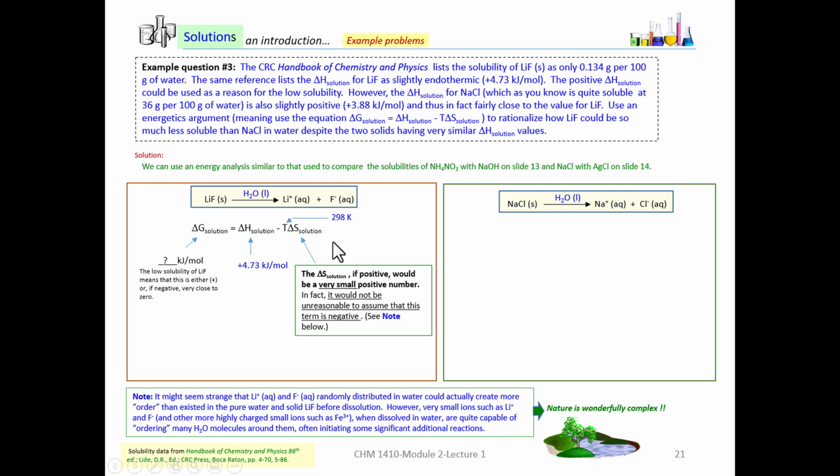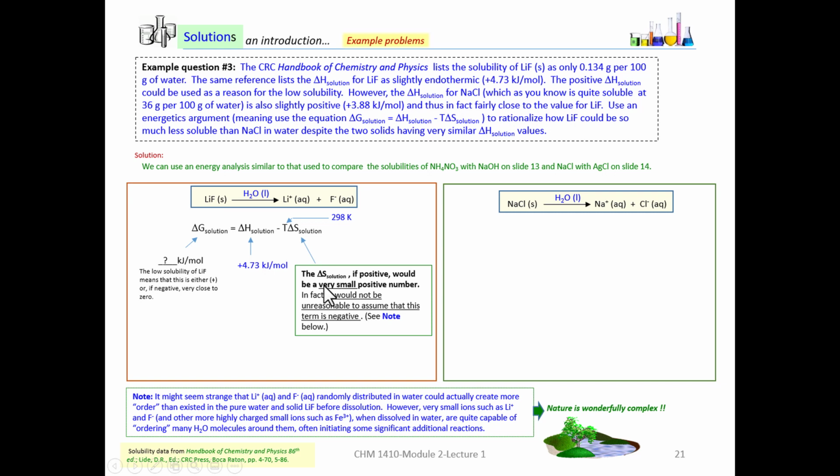So if it's positive, it would be very small. It would have to be so small that maybe it's silly, maybe we should just assume that it's negative. And maybe it wouldn't be unreasonable to assume that delta S is negative, which would make this whole term positive, which would reinforce a positive delta G, making this not very soluble.